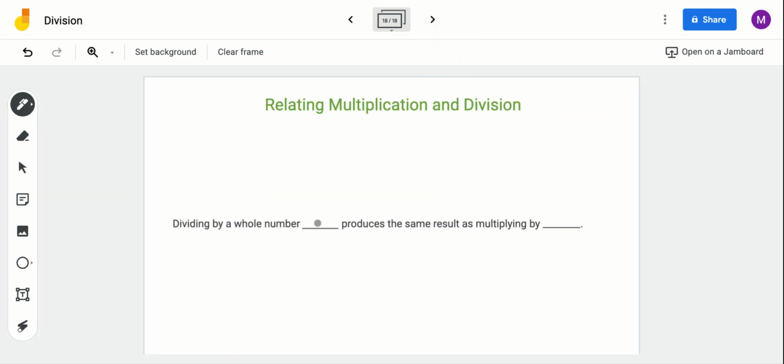So dividing by any number, we can call it A, dividing by any whole number A produces the same results as multiplying by the unit fraction 1 over A. So we're going to work with this idea in class, play around with it a little bit, see what happens. It's kind of an interesting idea, isn't it?